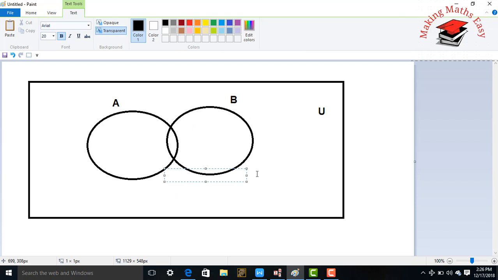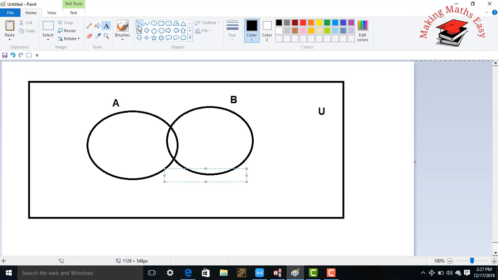Before going to the notation, this is A intersection B, this is A union B, but we have to prove it. We do not have to write the notation, we just have to prove what this particular thing means. So for that we will color the shaded portion.